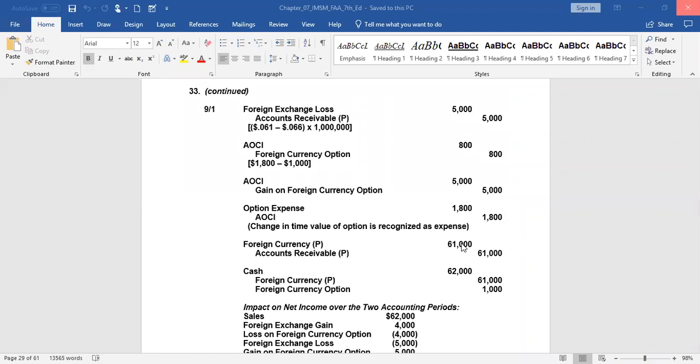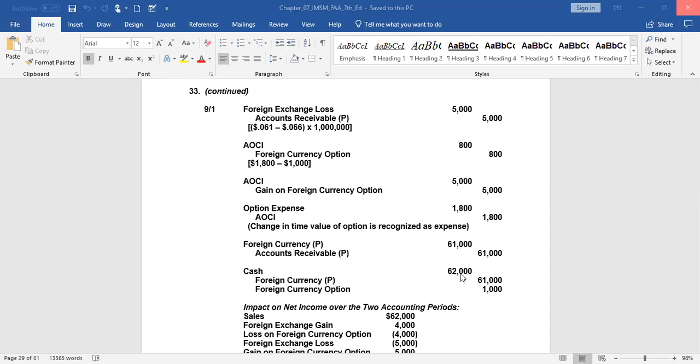We have that value in pesos. We then convert the pesos using our option, because our option price is 0.062, where everybody else is only getting 0.061. Remember, when we bought the option, we had the ability to lock in.